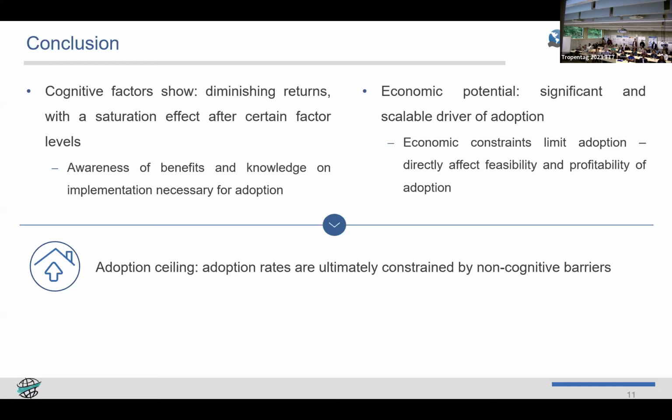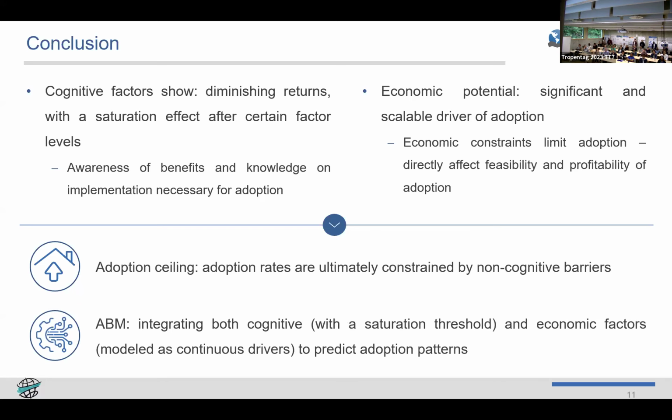The adoption rates are ultimately constrained by non-cognitive barriers in our model. Our model was integrating both cognitive and economic factors to predict adoption patterns. So it could be used in future to find out, if we change these factors, how this will change the adoption decision in the end.